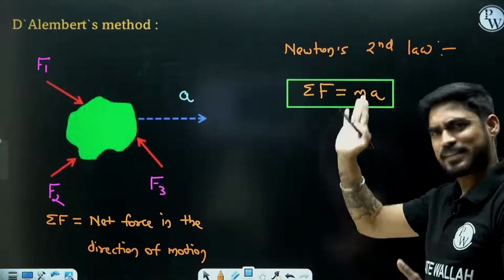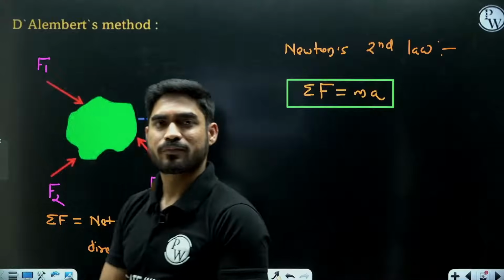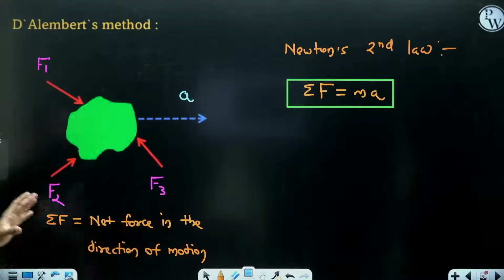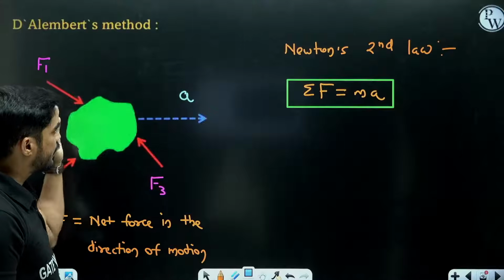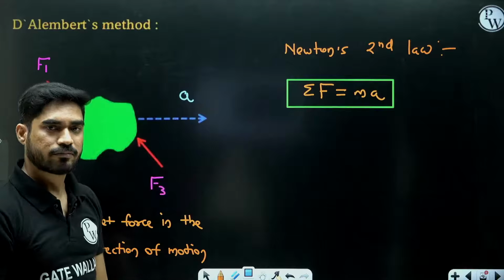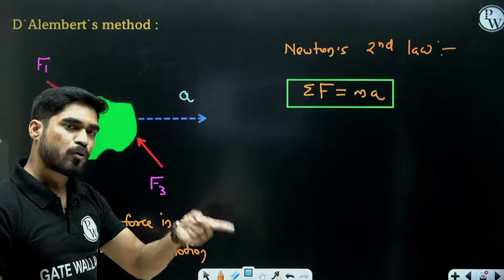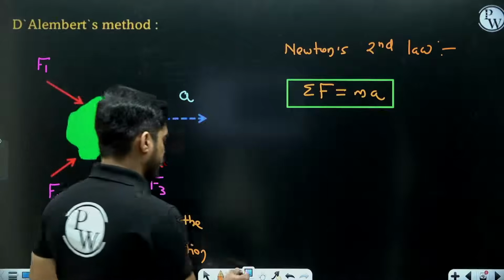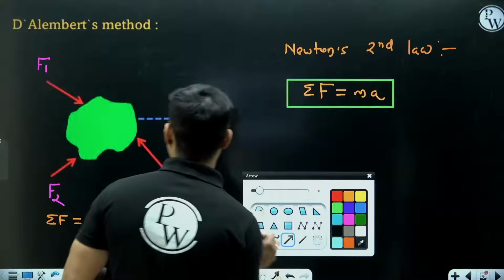You can use this. But what D'Alembert said is, if there is a body subjected to forces and it is having acceleration in a particular direction, you can apply an opposite force to the direction of motion, a dummy force which is opposite to the direction of motion.